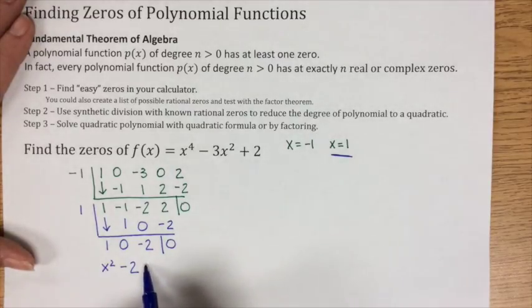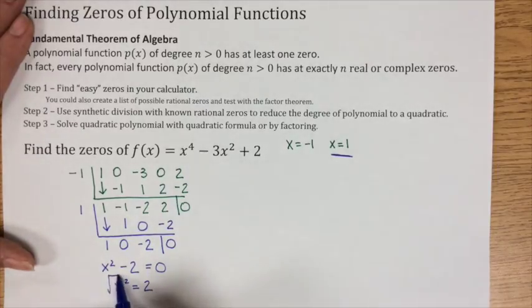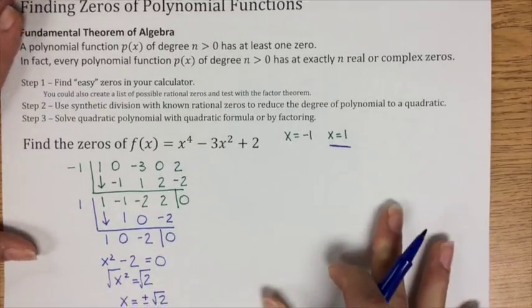And if we set that equal to 0, we can easily solve. So if we add 2 to both sides, we end up with x squared equals positive 2. We can take the square root of both sides, and x is going to equal positive or negative square root of 2.